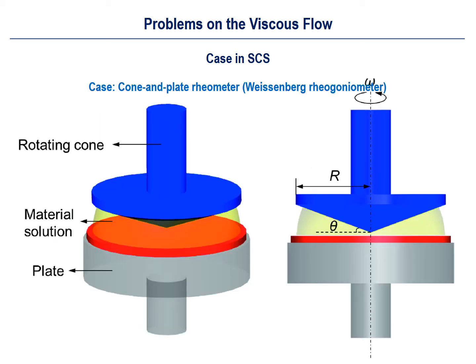As shown in this slide, the important variable in this case is theta, or some beta, the angle between the cone and the plate. We can define the angle like this one, or this one, okay? So please focus on your problem description to find out what the angle between the cone and plate is, okay? And there is another important variable, such as the radius of the cone or radius of the plate.